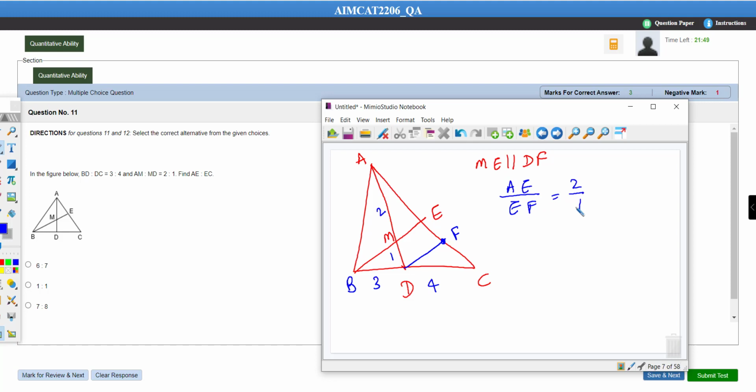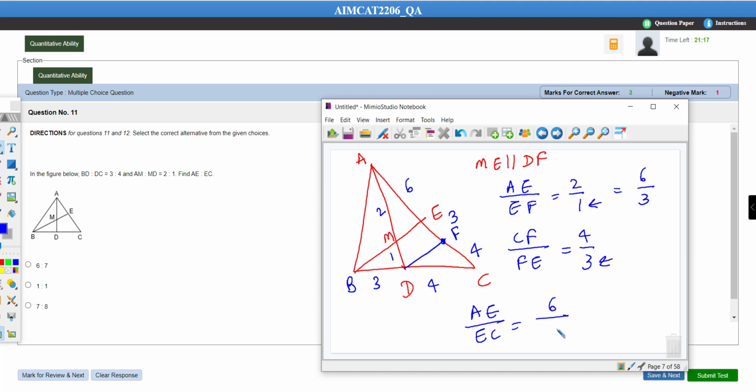And in the triangle CBE, CD divided by DB is 4 is to 3, which means CF divided by FE is also 4 is to 3. Over here FE is 3, over here FE is 1, so let's multiply this ratio by 3. So now we can see that if AE is equal to 6, EF is equal to 3, and CF is equal to 4, we want to find AE divided by EC. The length of AE is 6, the length of EC is 7, so our answer is 6 is to 7.